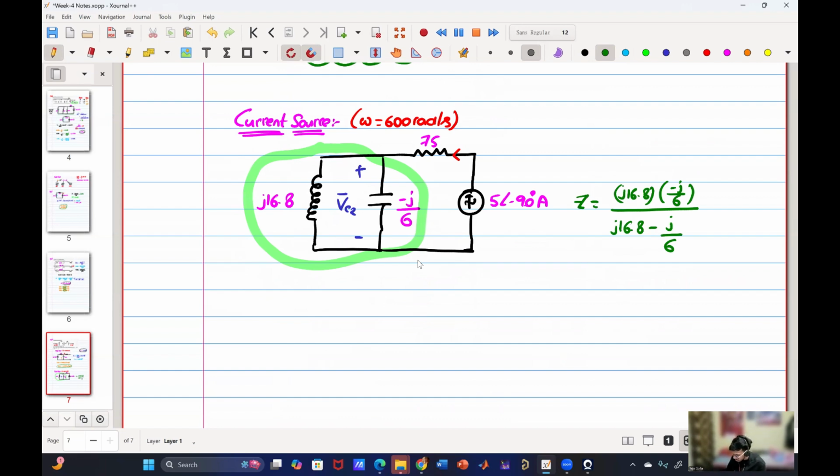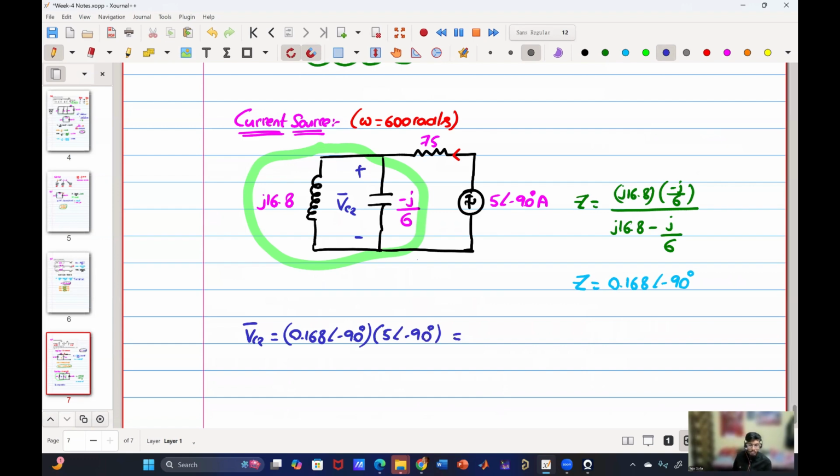Yes. So now, if you calculate, you will be getting 0.168 angle minus 90 degrees. So now what will be my VC2? This Z into the current, right? So my VC2 phasor is nothing but this Z, which is 0.168 angle minus 90 degrees, into the current, which is 5 angle minus 90 degrees.